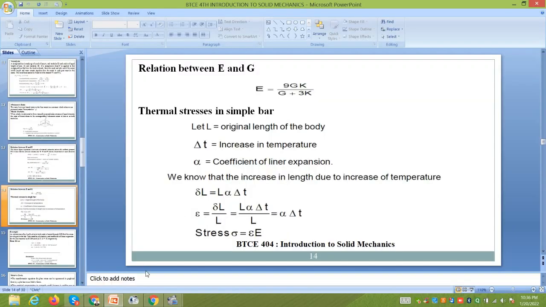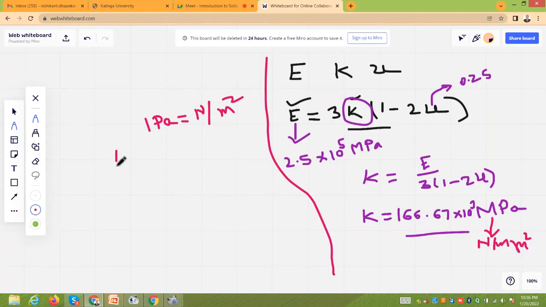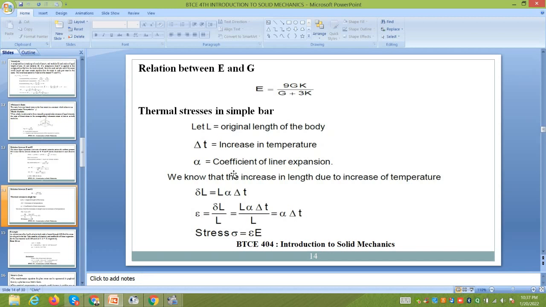Now, let us see the relationship between the modulus of elasticity and modulus of rigidity. One more relation, you see: Young's modulus of elasticity E is equal to 9GK upon G plus 3K.